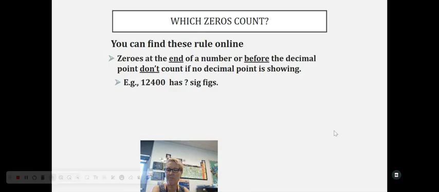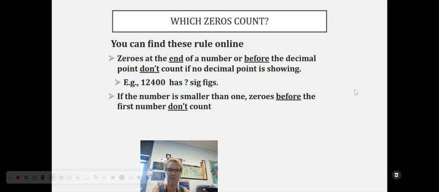Here's an example: 12400. Looking at that, how many sig figs do you think there would be? We'll come back to that answer in a second. If the number is smaller than 1 and does have a decimal point, the zeros before the first number do not count. An example would be 0.045.